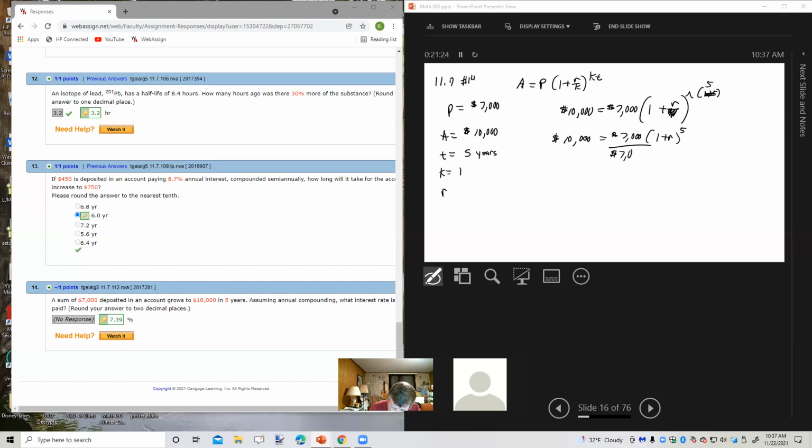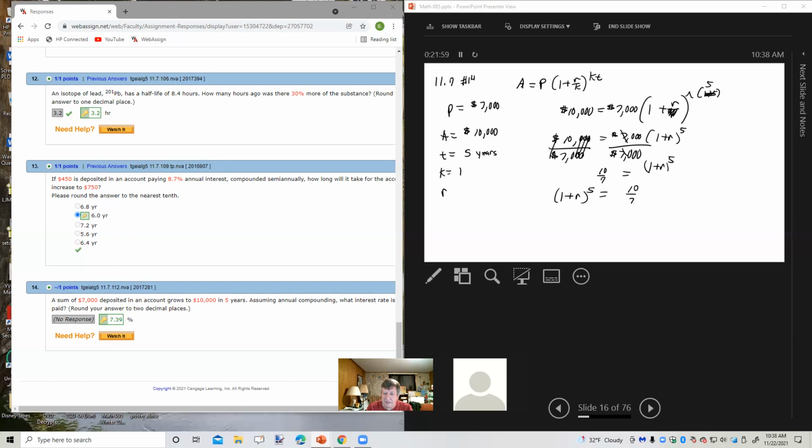So I'll divide both sides by $7,000. On the right side, I get 1 plus R to the 5th power. On the left side, I get 10 over 7. Now, 10 over 7 as a decimal doesn't come out nicely, so I'm going to just leave it as 10 over 7. I'm going to rewrite it so the variable I'm trying to solve for is on the left, just because that's just how I like to do things. So I've got this 1 plus R to the 5th power equals 10 over 7.